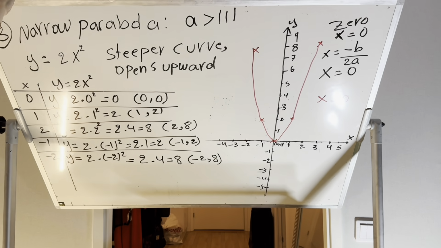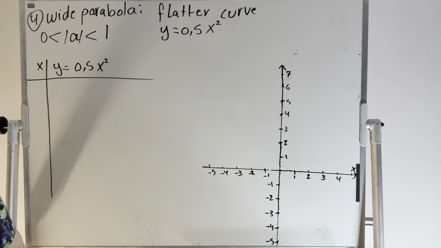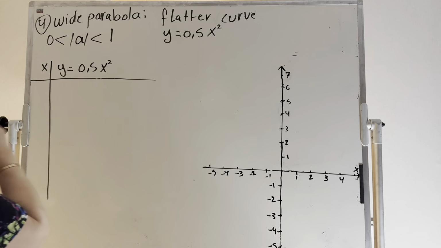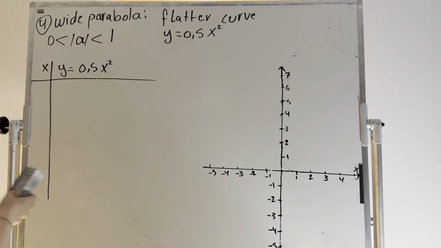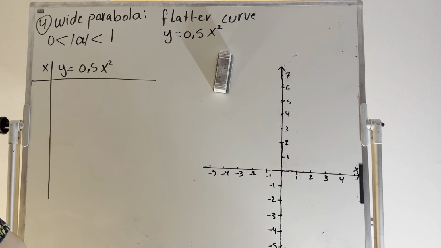Example 4, or situation 4: when the curve is wide, the parabola is wide, a flatter curve, a is bigger than 0 but smaller than 1.